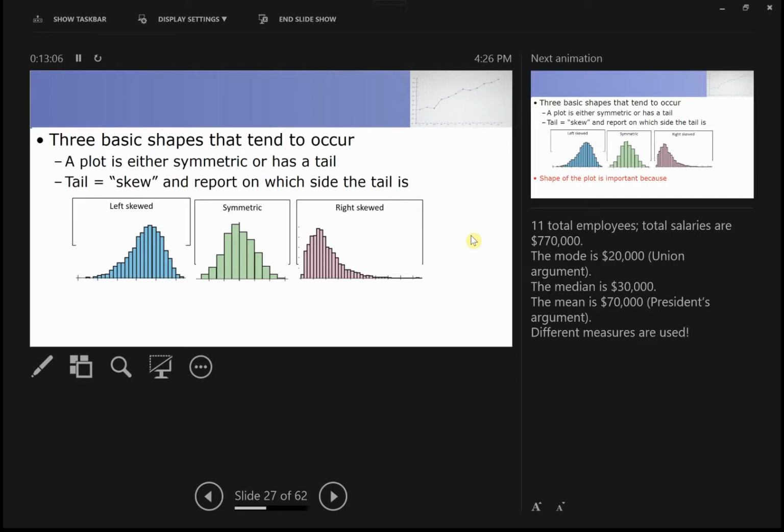A left skew or a right skew means that, like you said, the tail starts from the left or the right. It has a depression, just a micro depression on the opposite side of the tail. But this one completely drops back to another tail, so it makes it look symmetric.